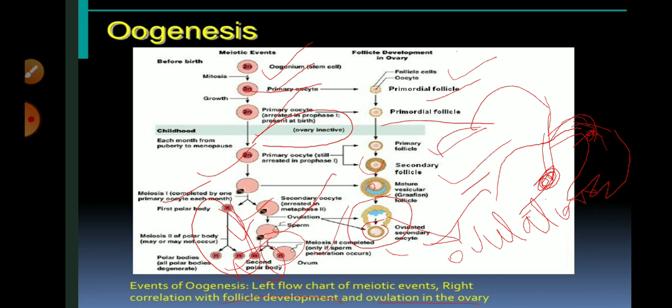Then we have seen the function of the ovaries specifically, that is oogenesis. Inshallah, in the next lecture we will see the hormonal regulation of this process, as well as the reproductive cycle, which is a very important topic.